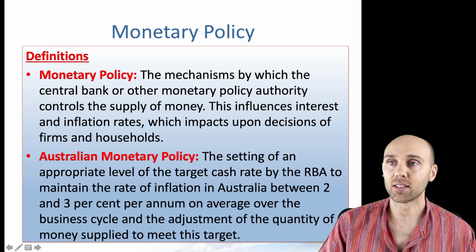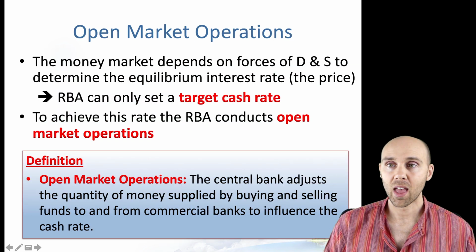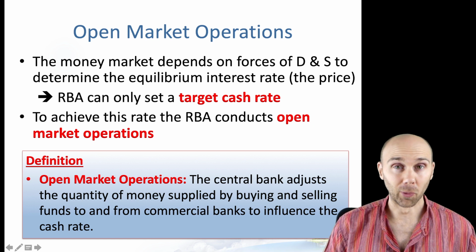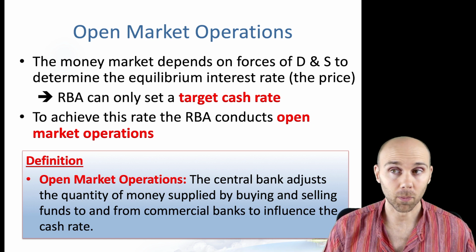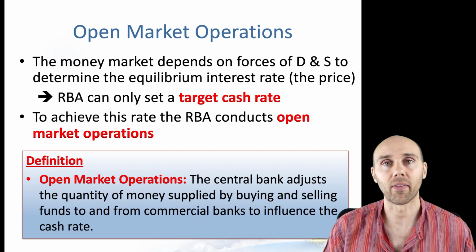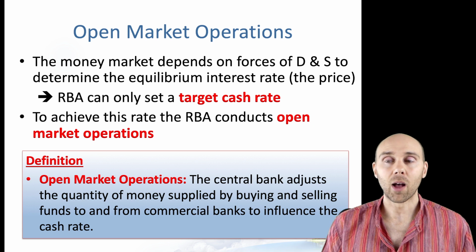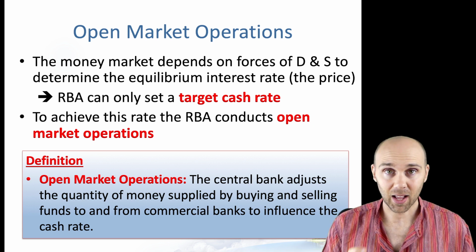So how does the RBA do this? Well, one way is through open market operations, or OMOs. Now, the money market depends on our typical forces that we're very familiar with by now, supply and demand, and that gives us our equilibrium. In the money market, the price in equilibrium, remember, is the interest rate. Now, the RBA can try to set a target cash rate.